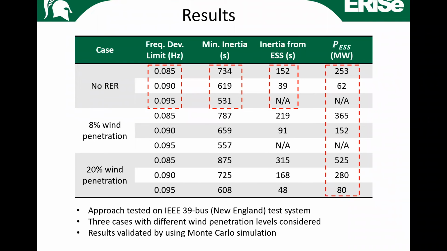But if we tighten up the frequency deviation limits, then the tighter it is, the more storage we need. Okay, so what happens with this system if we have 8% penetration of wind, which is what we have today, approximately? Okay, so again, if the limits are loose enough, we don't need it, but we still need some amount of storage.